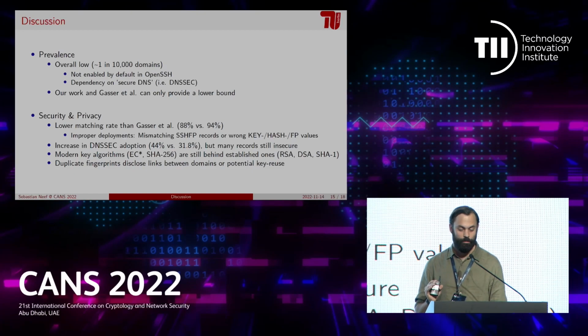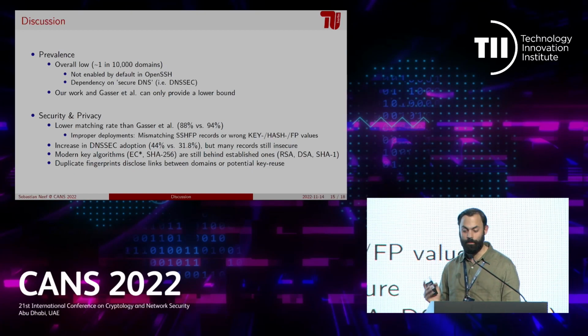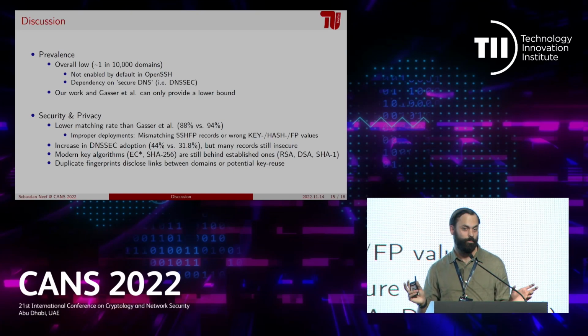From a security and privacy perspective, we find a rather lower matching rate than Gus et al. So we had 88% of matching records between DNS and servers, and Gus et al. had 94%. So we attribute that to the improper deployment that we have seen. So in some cases, the whole record doesn't match, but in others, there's only one field that is wrong, either a wrongly configured key or hash field, or the fingerprint value is not matching.